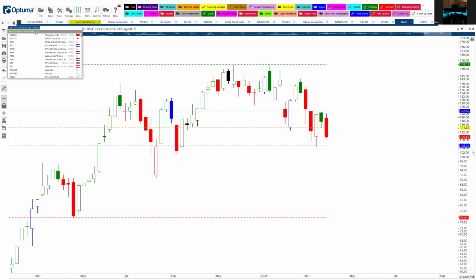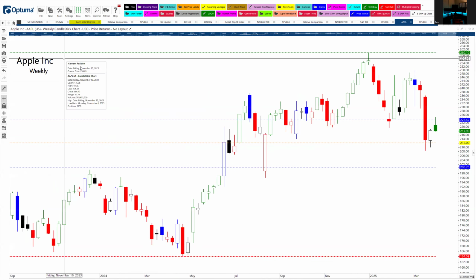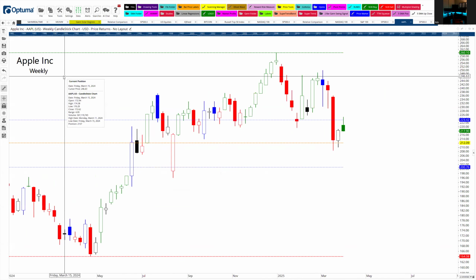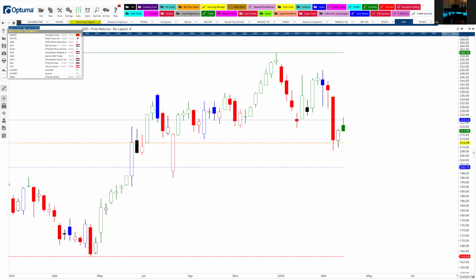If you don't, you don't have to. Just structure some butterfly trades into these zones right there. I mean, Apple here. But keep in mind earnings are coming up, so you have to calculate the time when they report earnings.